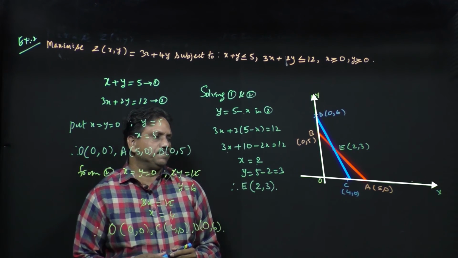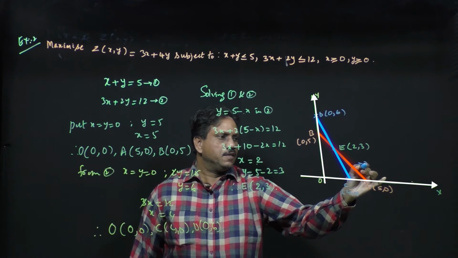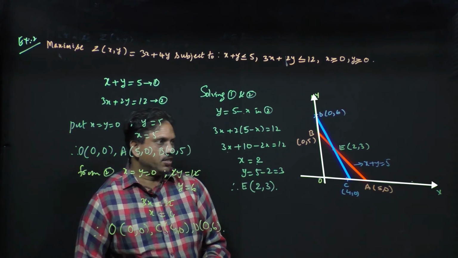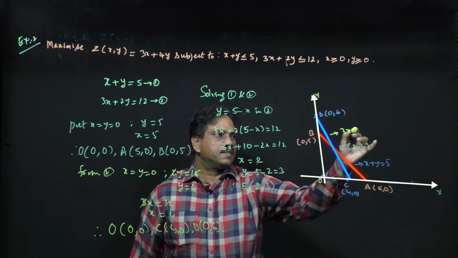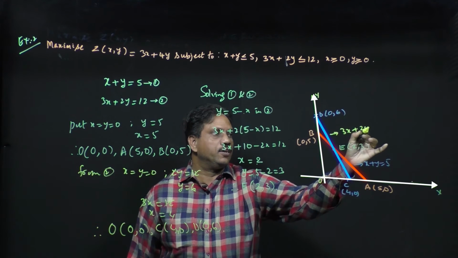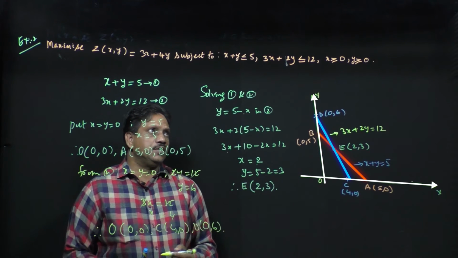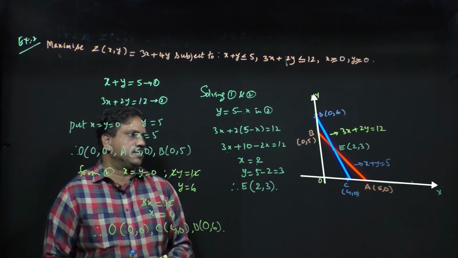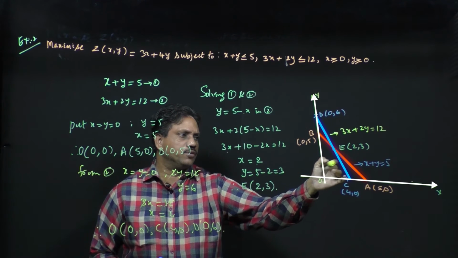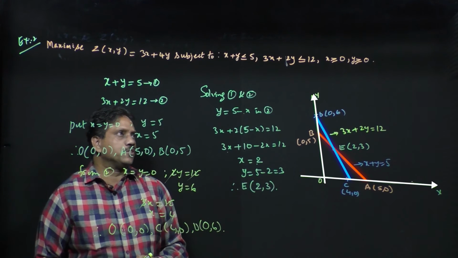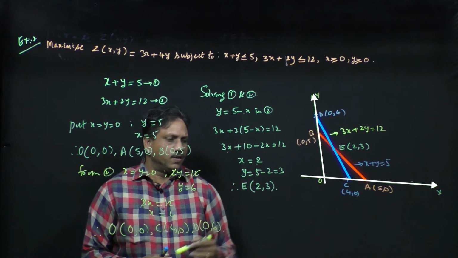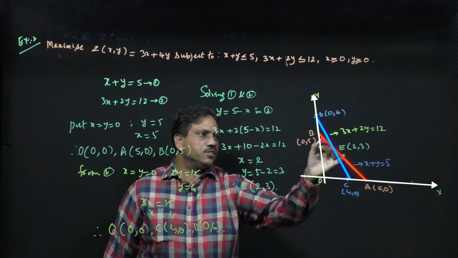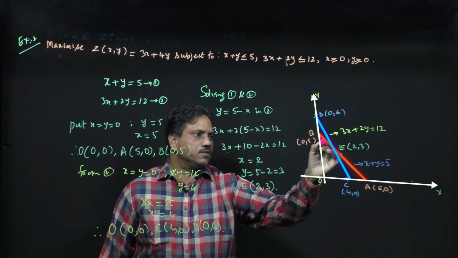One equation is x plus y equal to 5, and the other is 3x plus 2y equal to 12. In the given problem, x plus y less than or equal to 5 means you have to shade downward. And for 3x plus 2y less than or equal to 12, if you observe carefully, students, there is a common region here. This is the feasible region that you want.